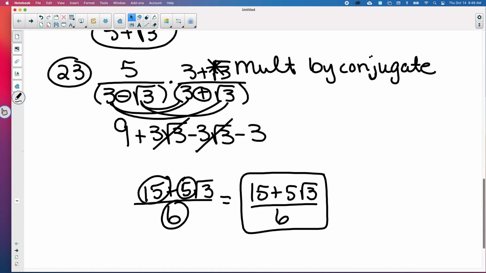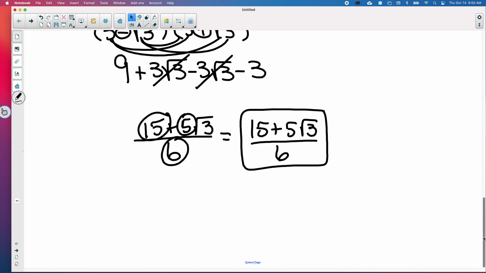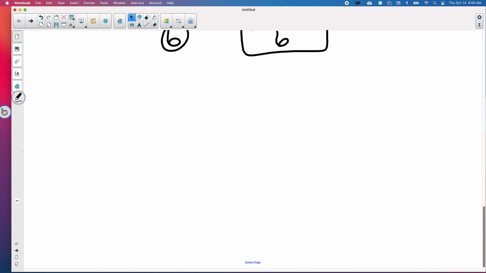Let's do another one of those. So if I have 6 divided by 2 plus radical 3, what am I going to multiply by top and bottom?